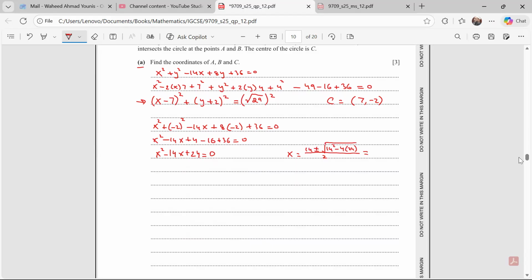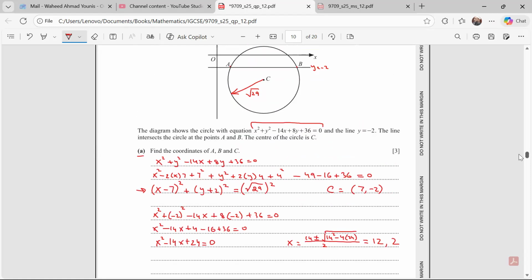And when I solve this expression, I got two answers, 12 and 2. These are the x coordinates of these two points of intersection. Knowing the x coordinate, we already know the y coordinate is minus 2. So the coordinates of A are (2, minus 2), and coordinates of B, let me erase this one, it will confuse us, are (12, minus 2).